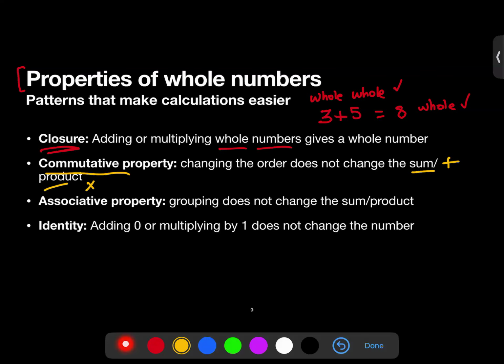For example, 2 plus 3 equals 5, right? But 3 plus 2 also equals 5. So no matter the order of 2 and 3, the result will be the same, which is 5.